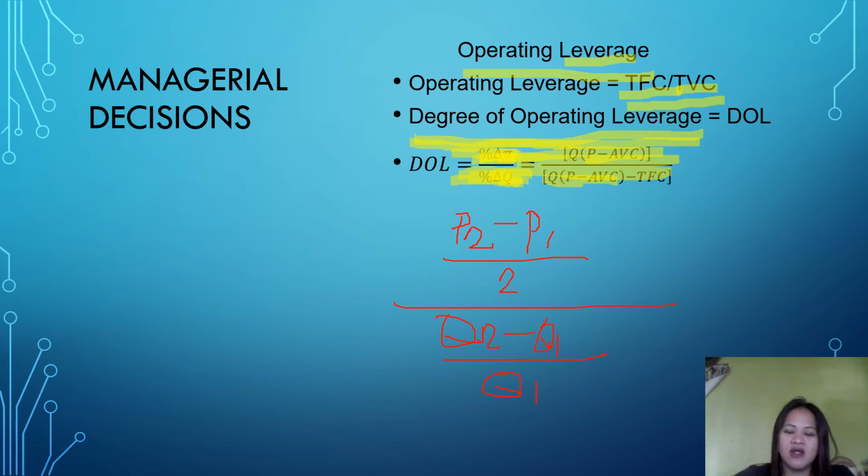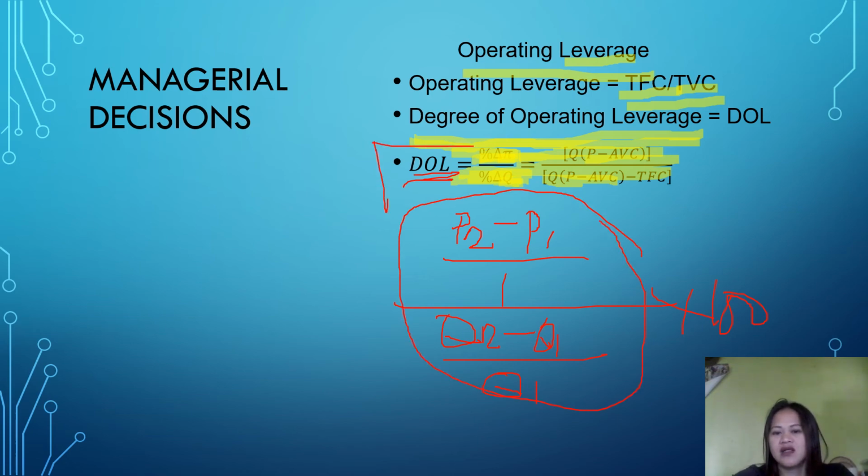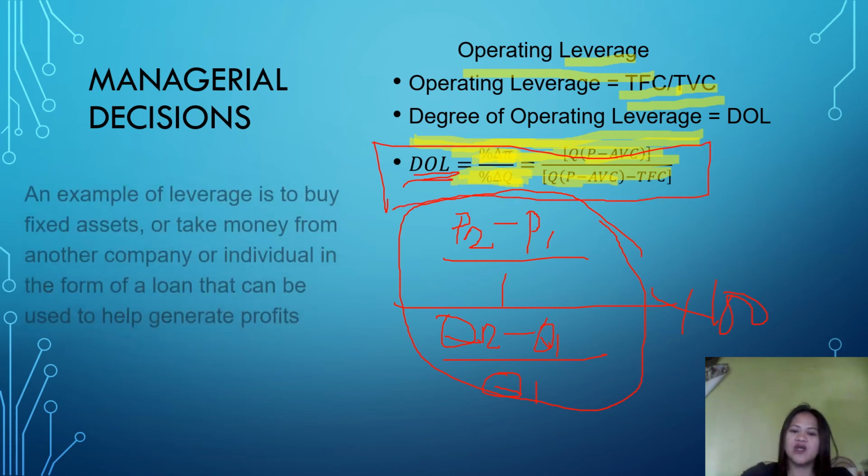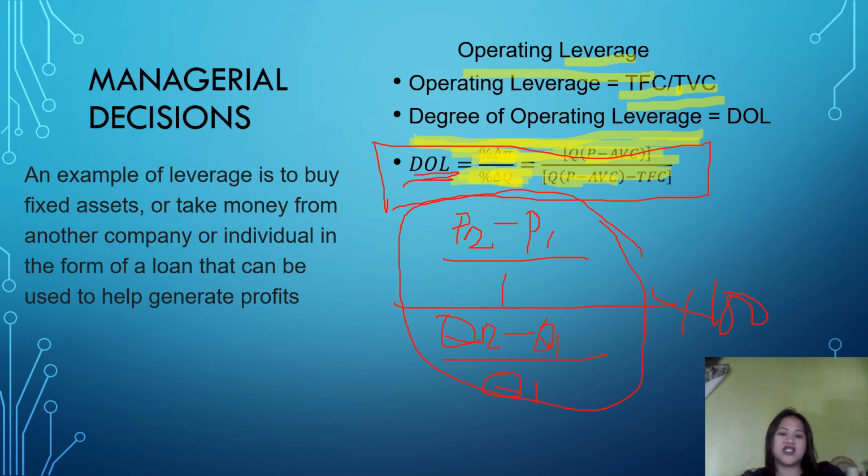Oh, sorry, this one here must be 1. Now, at this point, multiply it by 100 and you will have already your degree of operating leverage. But if you do not have these specific values and you have the cost values, then you use the specified formula here. So that's how you deal with your decisions.